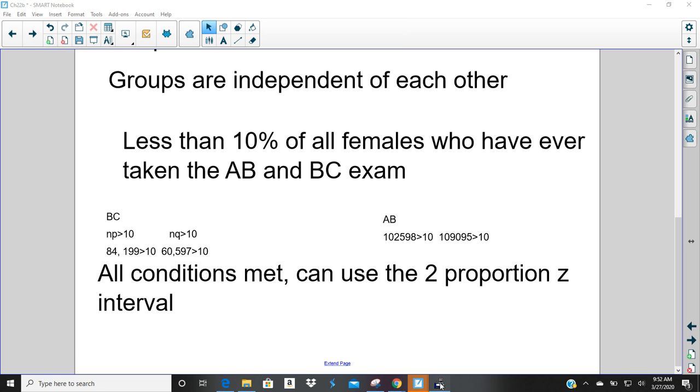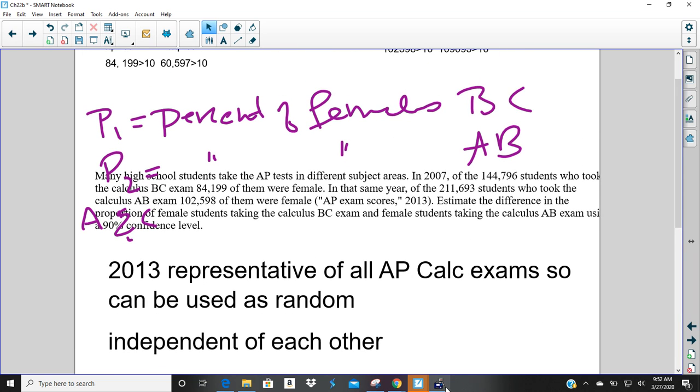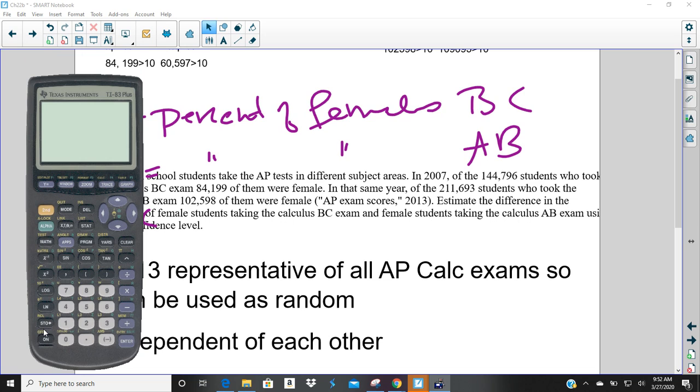So now I'm going to go to my calculator and put in the data. Let's see what the numbers were again. I'm going to go to stat, test, 2 proportion z interval. I'm going to change that to 84,199, and then the next one should be 144,796.